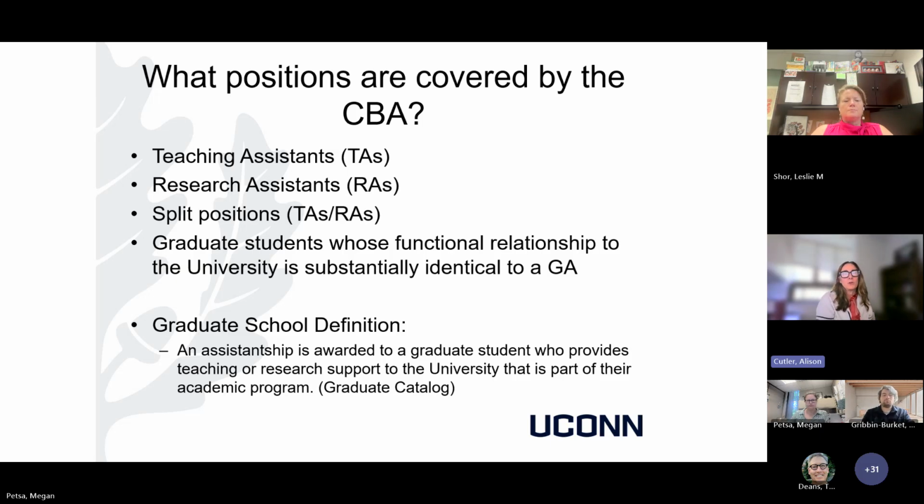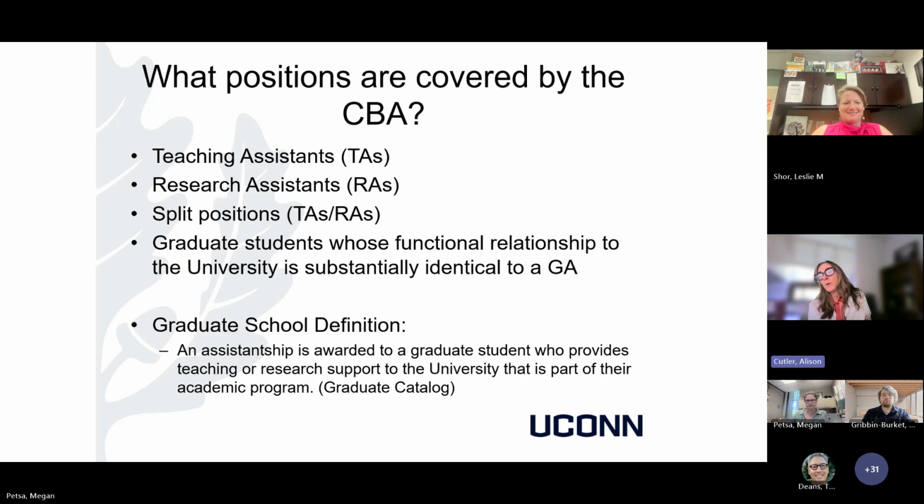The graduate school in their catalog has a definition that assistantships are awarded to a graduate student who provides teaching or research support to the university that is part of their academic program. I think that is an important piece: the work that they're doing must be related to their academic program.